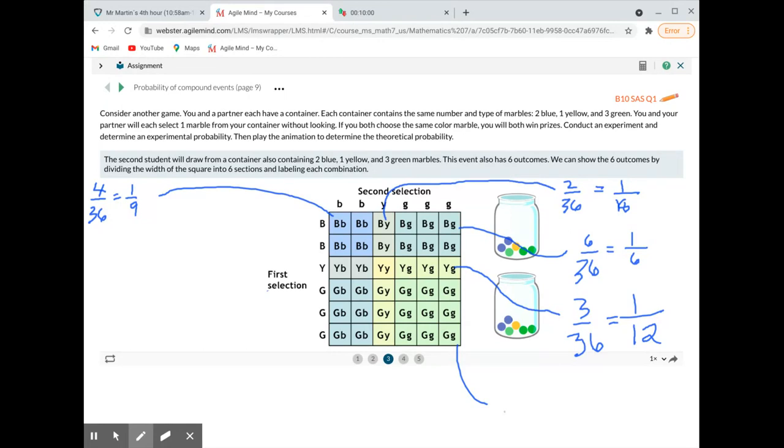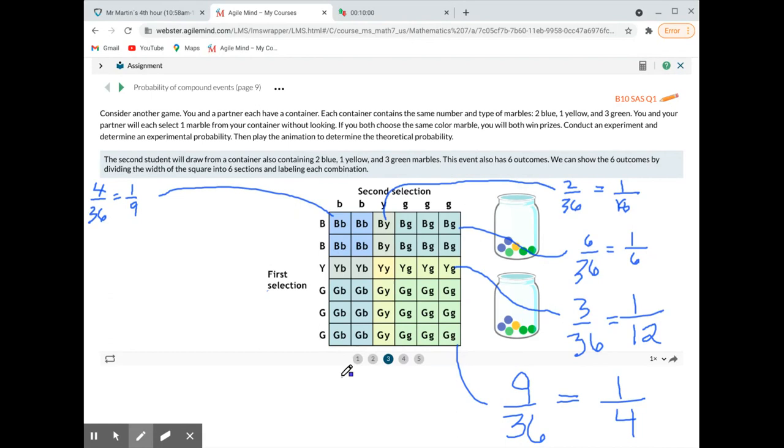How many green greens do you see? 9? Yeah, 9 out of 36. Can that be simplified? Yes. All right. What can I divide them both by? 9. 9 divided by 9 is? 1. 36 divided by 9 is? 4. Good.